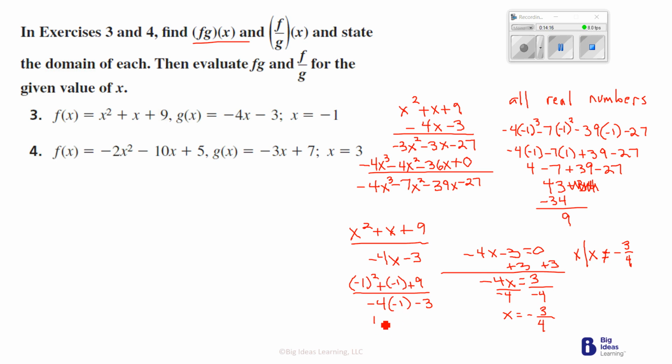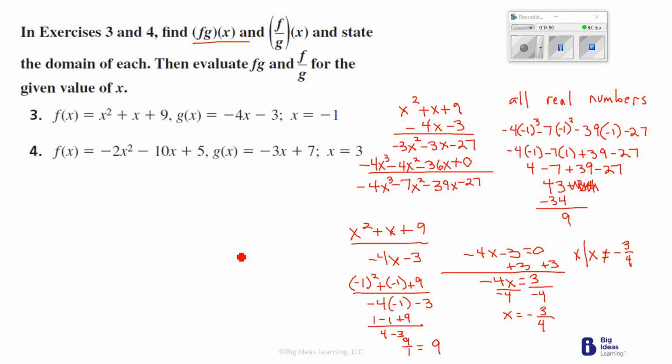Positive times a negative, that's 1 minus 1, and then plus 9. Then we have negative 4 times negative 1, that's 4, then minus 3. Well, 1 minus 1 is 0, so that's going to equal 9 on top. And 4 minus 3, well, that's 1. And 9 over 1 equals 9. So that's also 9, when we make x negative 1.